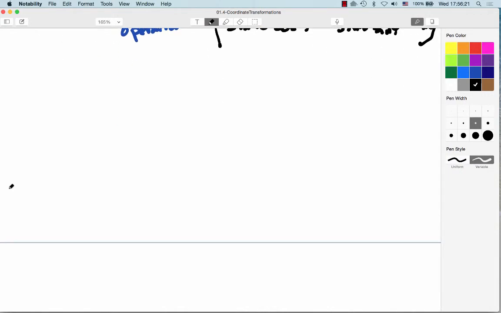So as a little exercise in how to do this, we could imagine that we do exactly that collection of transformations.